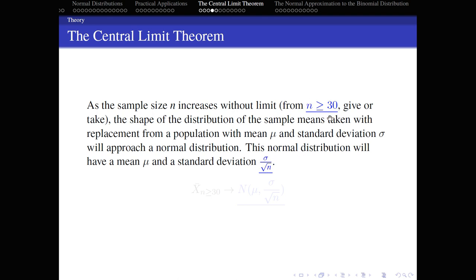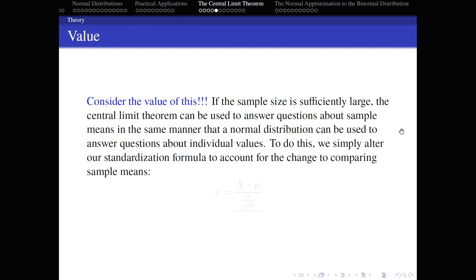If I'm taking a sample of 30 for each of my samples, that n is going to be 30. Drawing this out, the distribution of the sample means, as long as the sample size is greater than or equal to 30, is going to be normal with a mean of the original data mean and a standard deviation of the raw data divided by the square root of n.